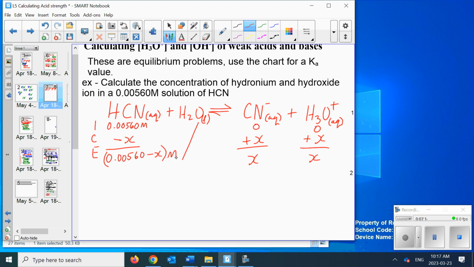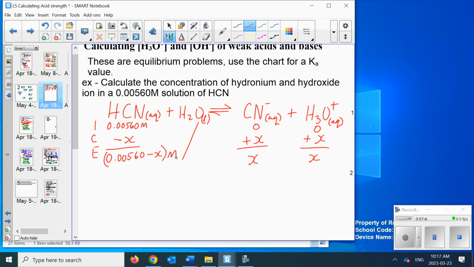Now this is our moles per liter here. We've got an algebraic expression. Because of that 0.0560 minus X term, we're going to have to use the quadratic equation, which we could do, but I won't.